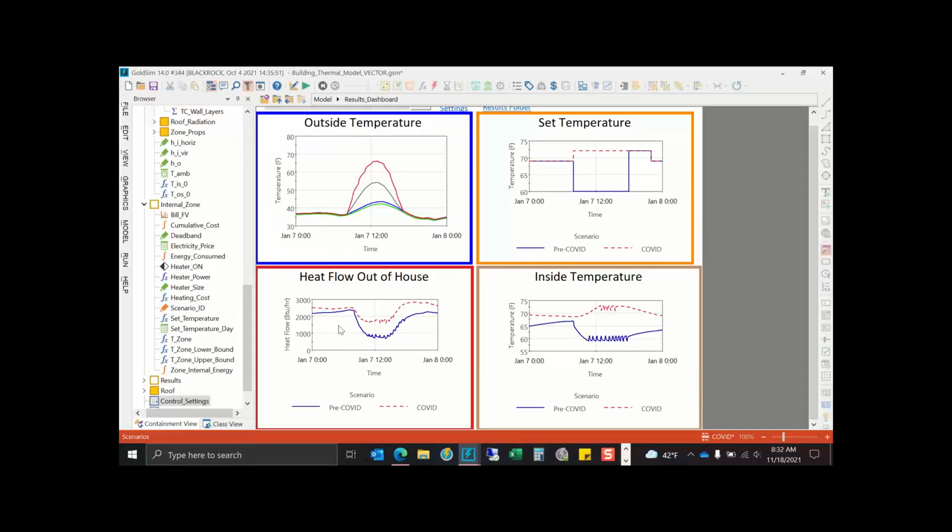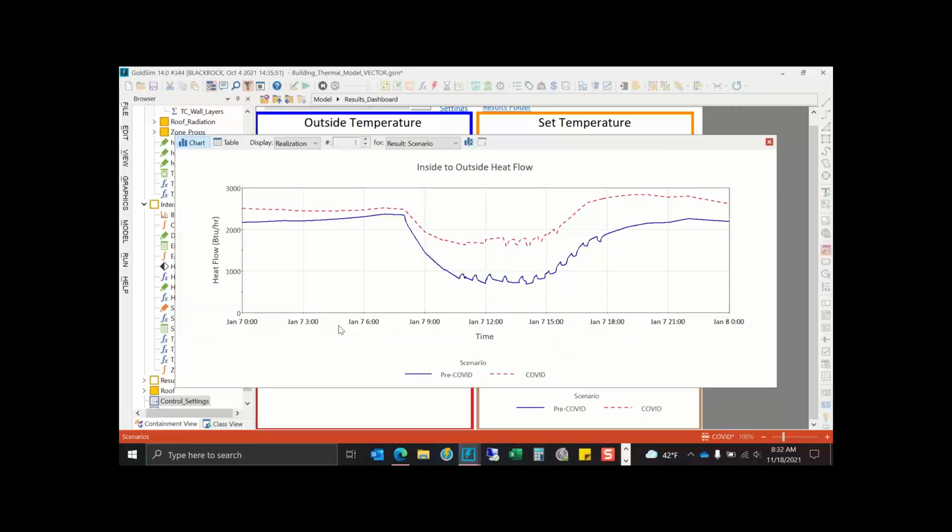And then what does this mean for the heat flow throughout the construction? When we are home, there's going to be more heat leaving the house because we're at home and we have the heater on. And we can see that even though we have the same set temperature at night, the heating is different because the heat doesn't recover on a diurnal process.